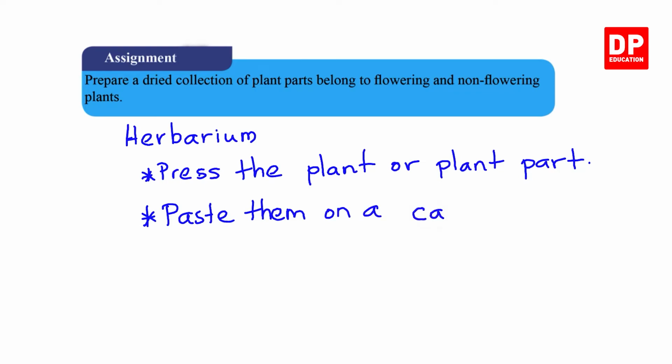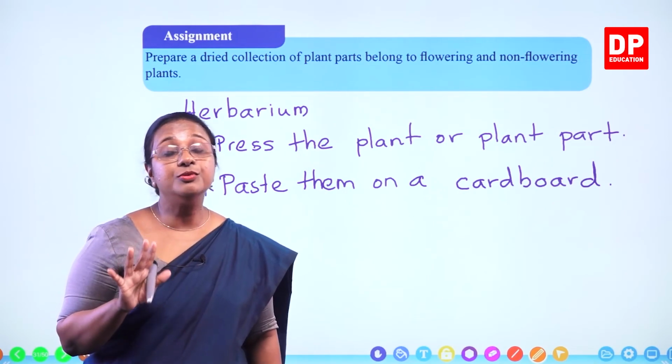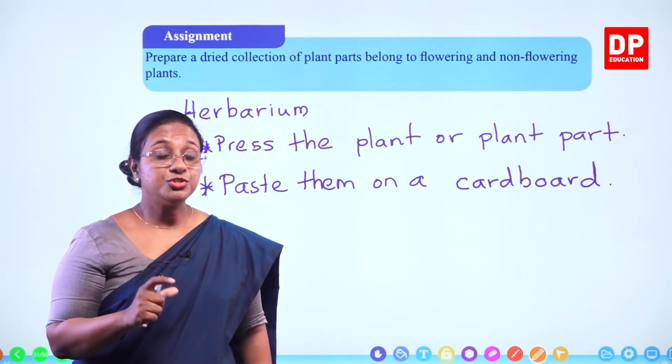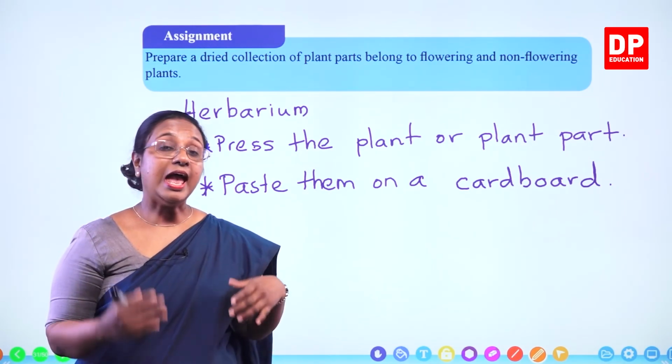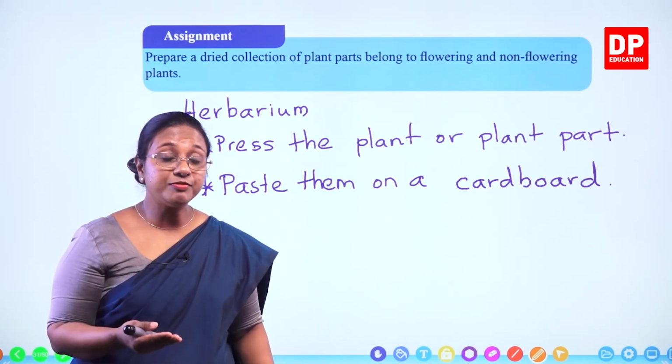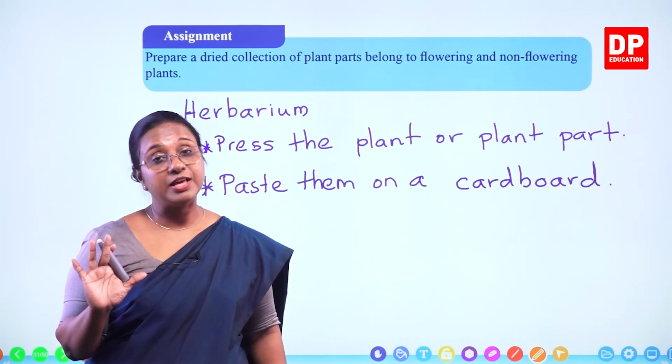We paste them on a cardboard. And after that, what should you do? You have to include all the information. You should say what part you have pressed, that is the dried collection, and then you have to write the name of the plant and give information regarding the plant. All that is very important.